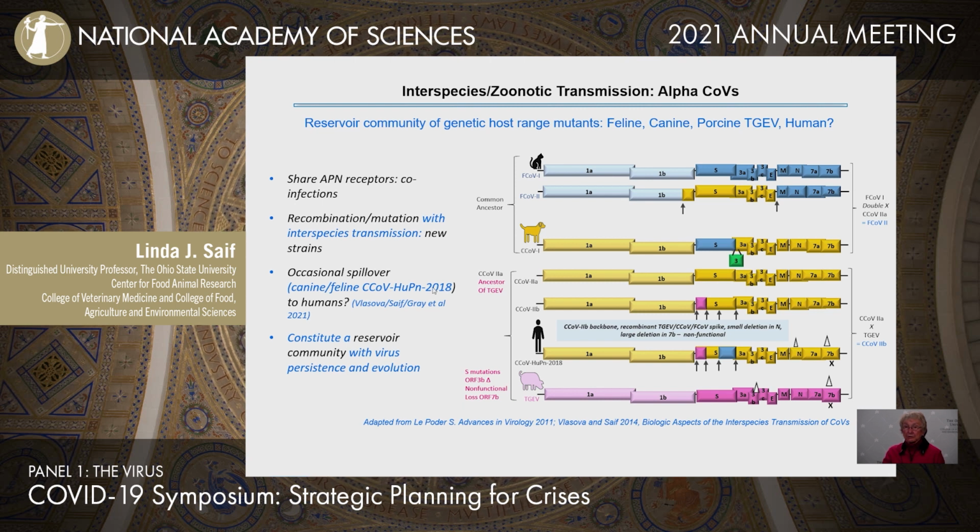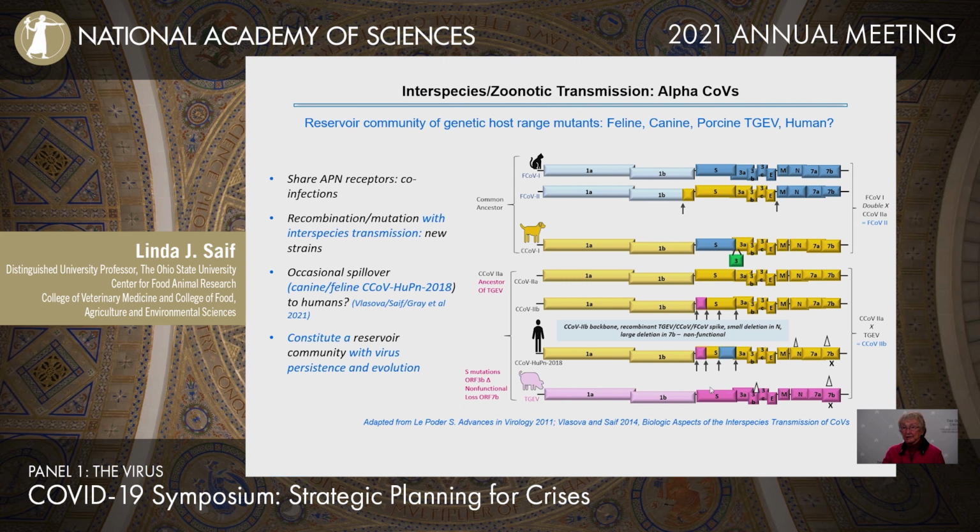And this was first described in a case of human pneumonia from Malaysia in 2018 by Dr. Greg Gray from Duke. And then the virus was characterized further by Dr. Vlasova at OSU. It has a canine coronavirus 2B background.